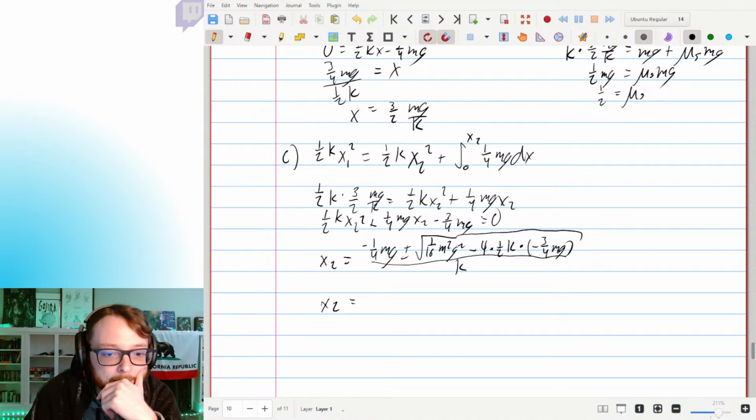Anywho, I hope we get a perfect square underneath the square root. What are we getting?